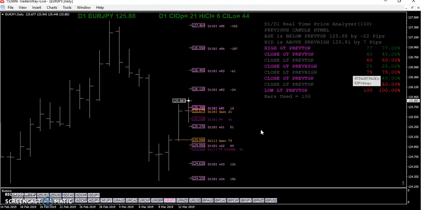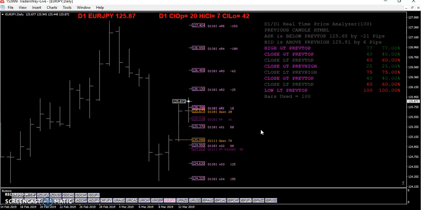So once again, knowing these stats gives you the edge. It gives you an idea when to take profit and when not to.